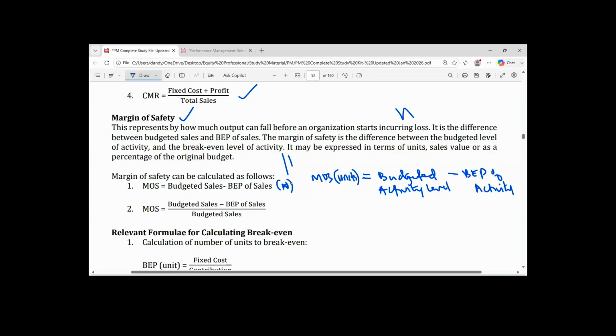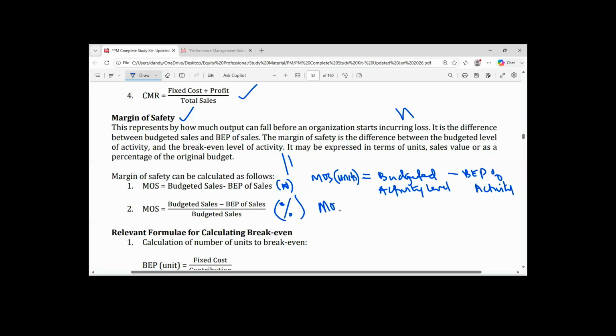Then the third one is where you are asked to calculate margin of safety in percentage. To calculate margin of safety in percentage, it will be budgeted sales minus break-even point of sales over budgeted sales. We can also calculate it in percentage in units.